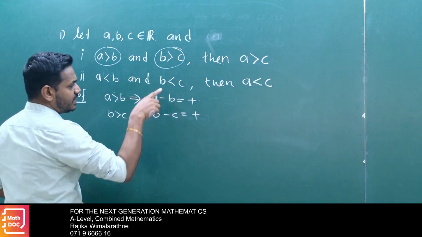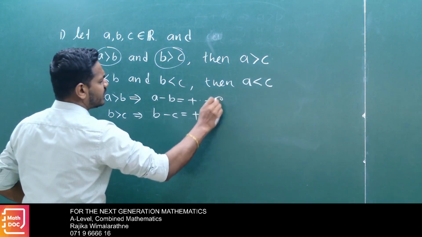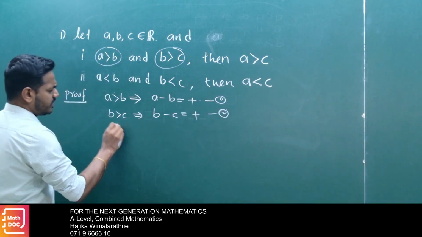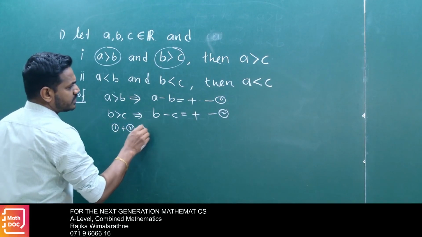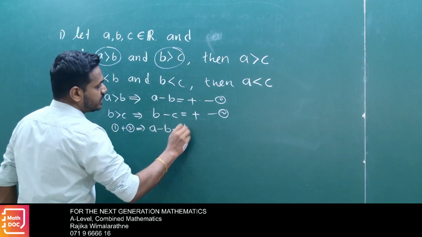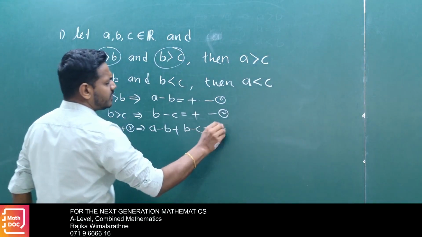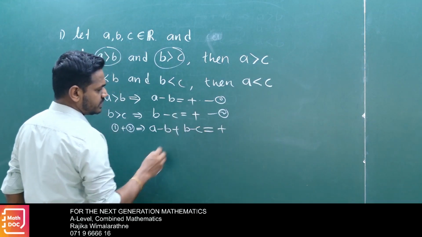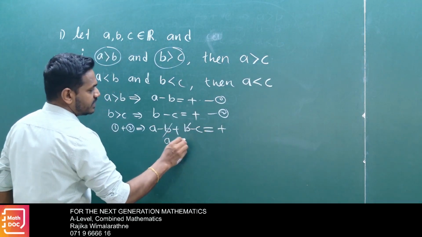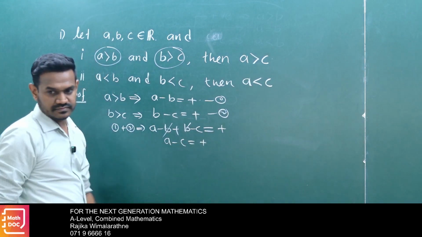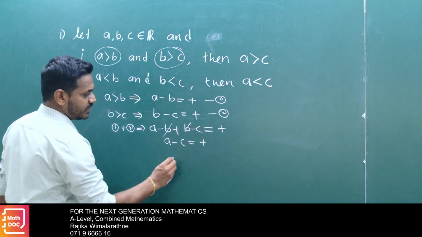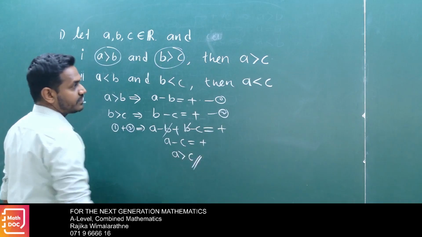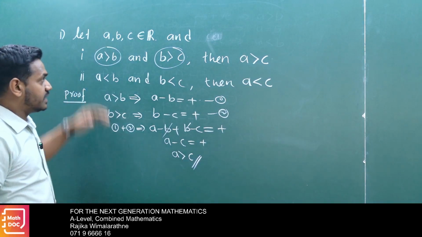Then you add these two, 1 plus 2, the result A minus B plus B minus C, positive plus positive, positive. Then A minus C is positive, no? Then A minus C positive means A greater than C. That's how we prove.